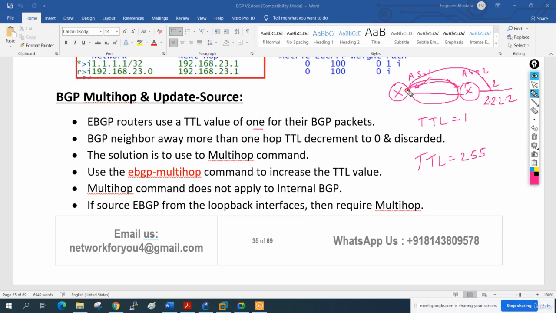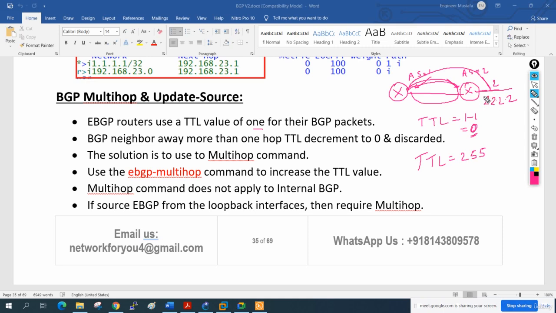Whenever a packet crosses one router, its value is reduced by 1. So 1 minus 1 becomes 0 when it goes to the loopback. Here we have the issue: our TTL value becomes 0. When the TTL value becomes 0, our packet will not be forwarded, it will be dropped. So we get this issue when we are forming the neighbor from the loopback.